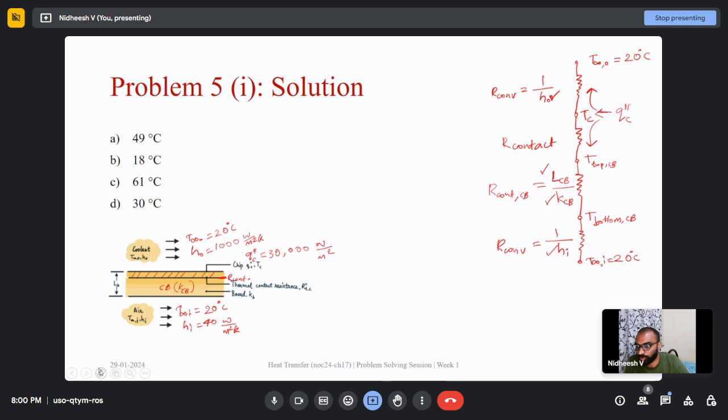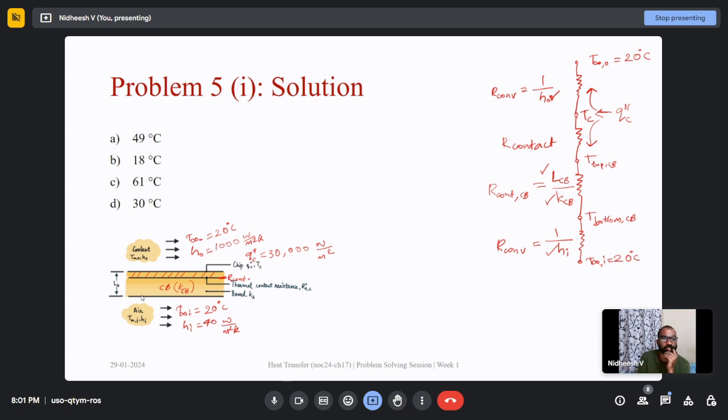Heat flux divided by 2 is equal to T infinity naught minus Tc divided by 1 by H. Is it correct, sir? Heat flux divided by 2 is equal to the temperature difference.